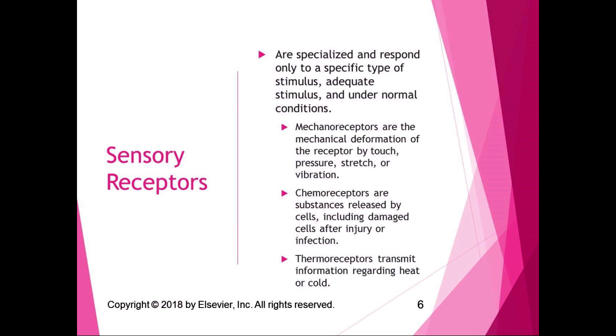But the chemoreceptors in the somatosensory system are most of the time going to be sensing substances released by cells, like histamines, enkephalins, all that stuff that we've talked about before. Or when you crush a cell, it releases a lot of chemicals, and the chemoreceptors detect that. Thermoreceptors, of course, transmit information regarding heat or cold.